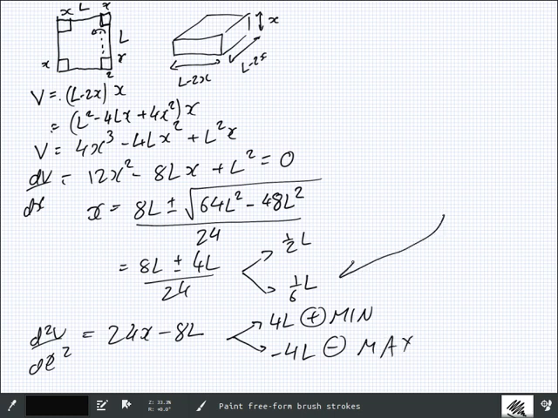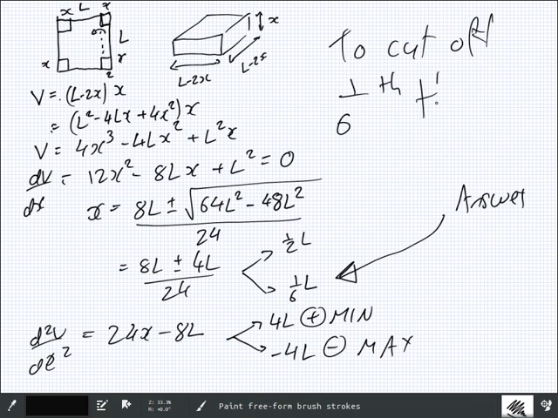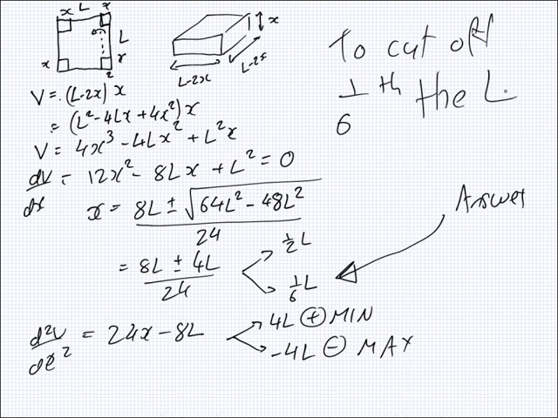So therefore, this one must be the answer. The answer is to cut off 1/6 the length. If you cut a sixth of the piece of paper from each corner, that'll give you the maximum volume. Although we know that the other answer doesn't make any sense.